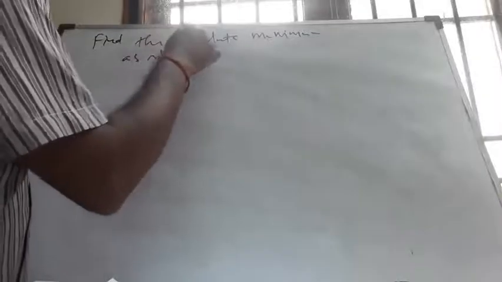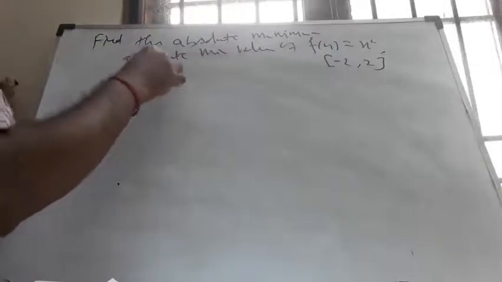Then just listen. Find the absolute maximum and absolute minimum value of f of x equal to x square in the interval minus 2 comma 2.